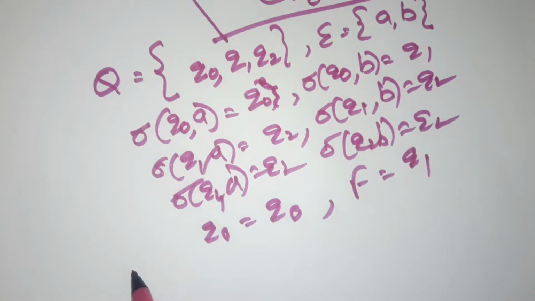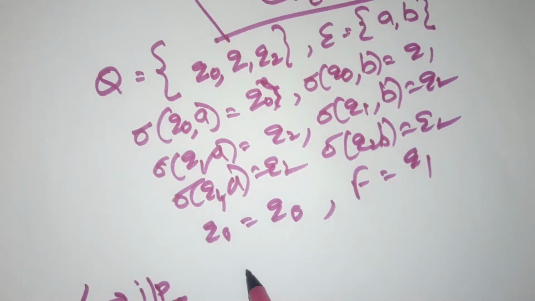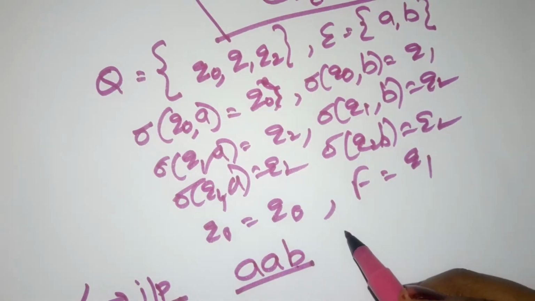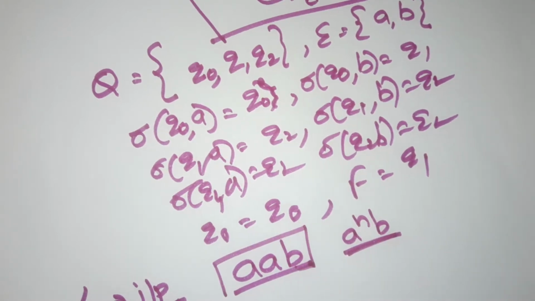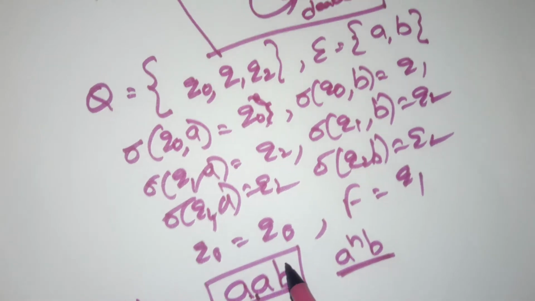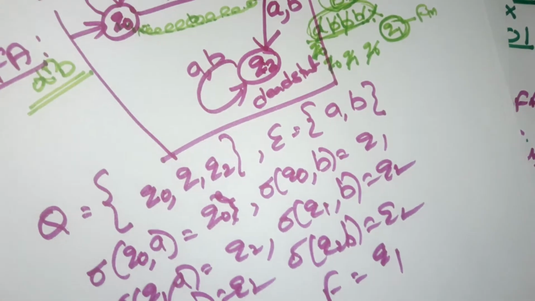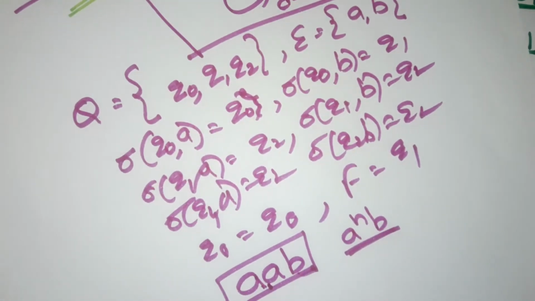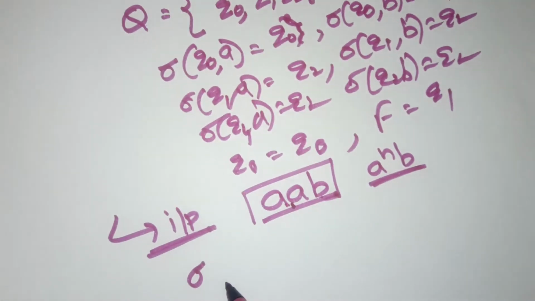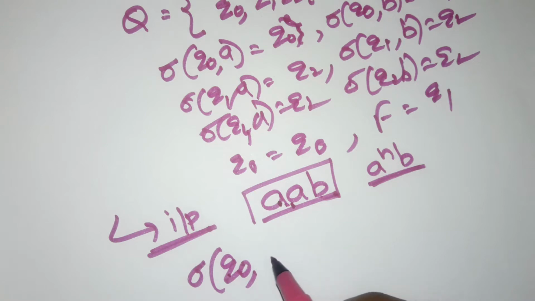It is better to take one input string which is acceptable by the finite automaton, for example a a b, which is acceptable by a power n b, and check whether it is accepted by this DFA or not. The input string always starts with the initial state.